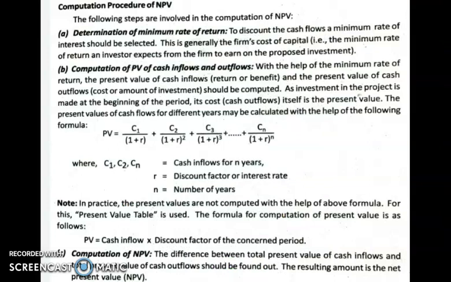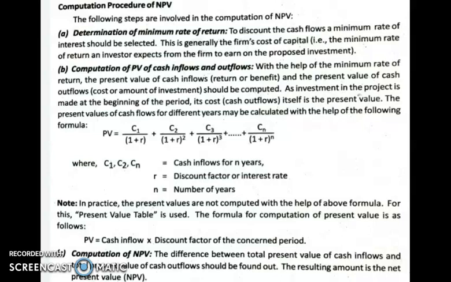Let us see the computation procedure of NPV. The first step is determination of the minimum rate of return. That is, we have to know what R, the discount rate, is, which is actually the minimum rate of return that the investors expect, also called the cost of capital. The second step is computation of PV of cash inflows and outflows.